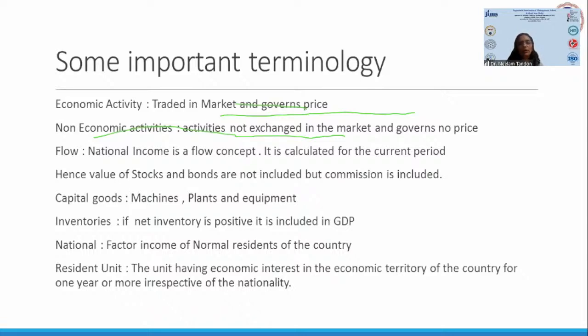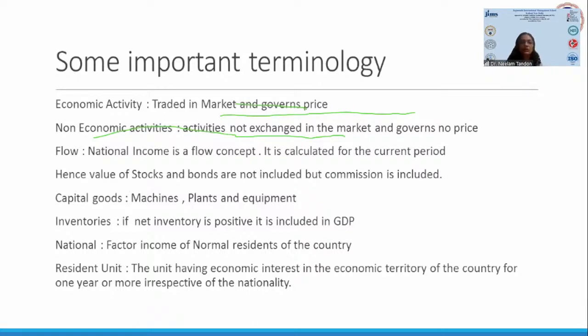But when you calculate my salary for the month, that is a flow concept. So development is flow, growth is flow, national income is flow. Expenditure is at a point of time; you can say I've spent this much amount of money. Okay, so flow and stock is clear.